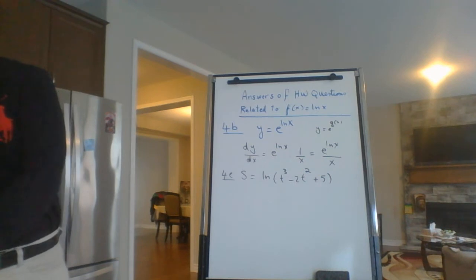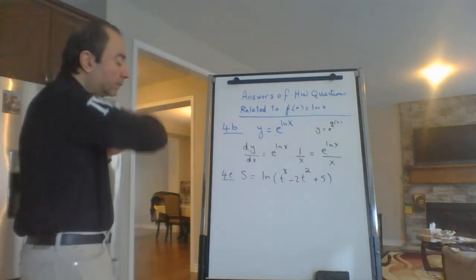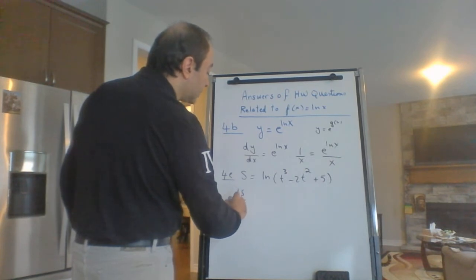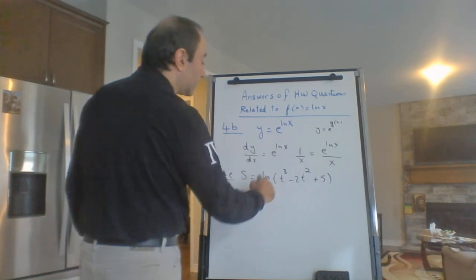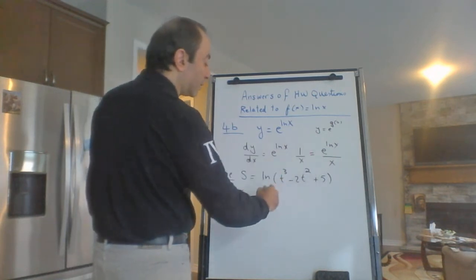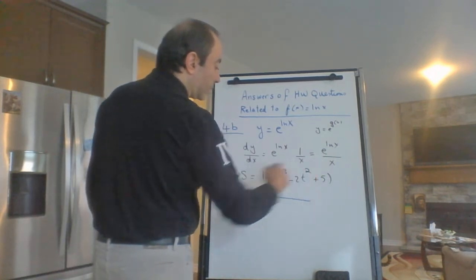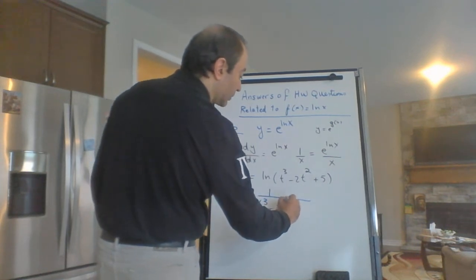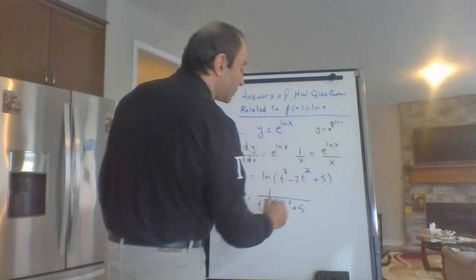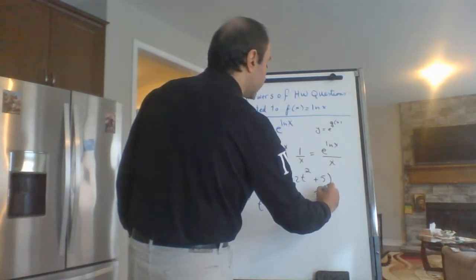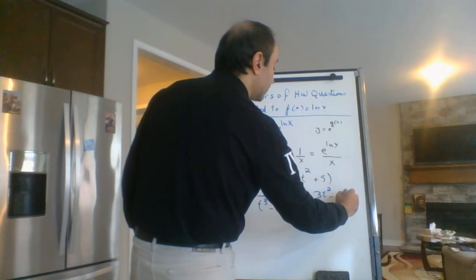So the derivative here will be ds by dt equals ln f of x, so that will be 1 over f of x, which is t cubed minus 2t squared plus 5, times the derivative of f of x, which is 3t squared minus 4t.